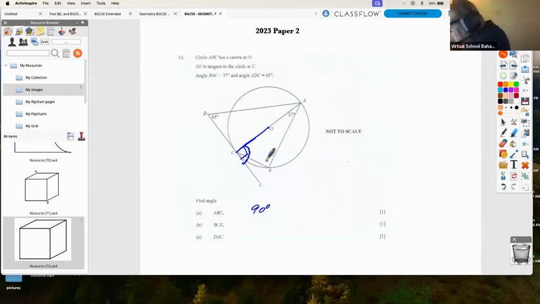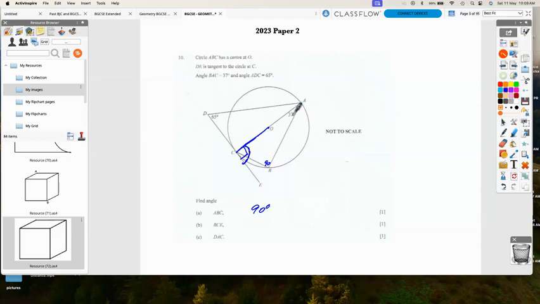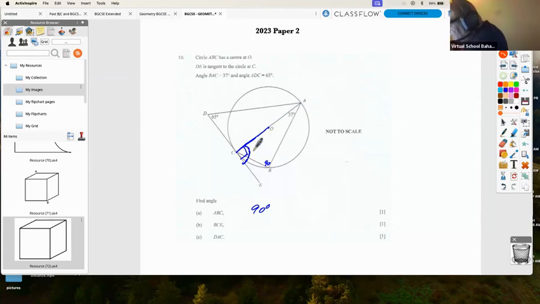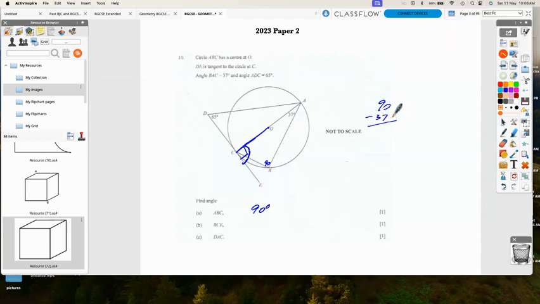So if we know this is 90 and that is 37, we can say 90 plus 37, take that away from 180. Or we can just take away 37 from 90 because this is already 90. 90 take away 37. What do you get? 53.